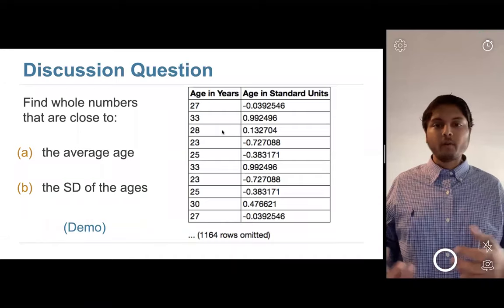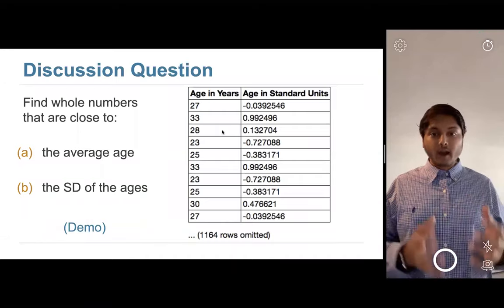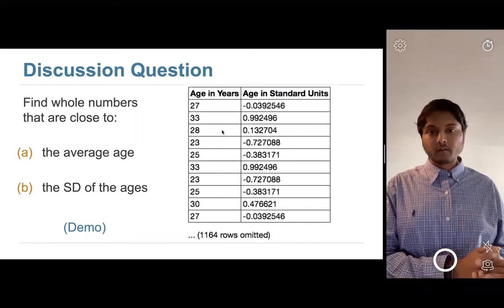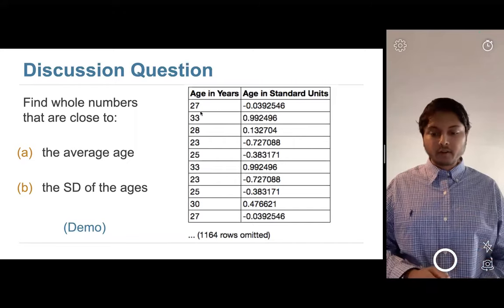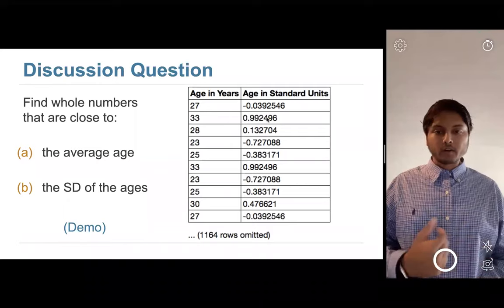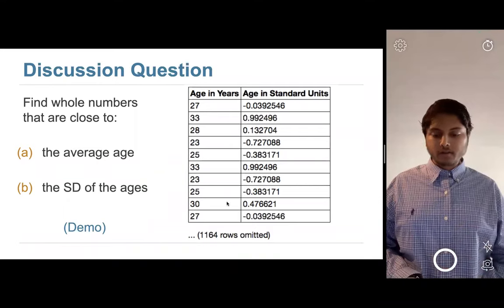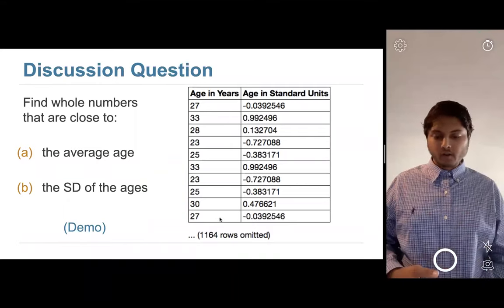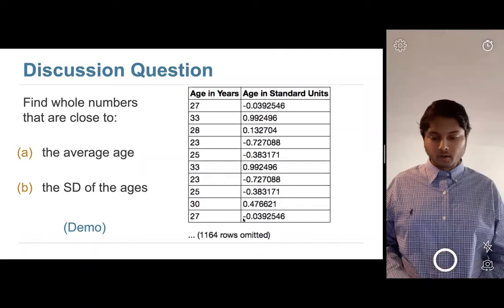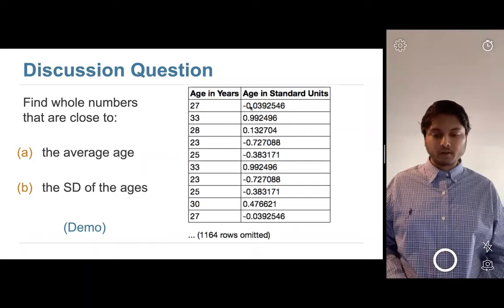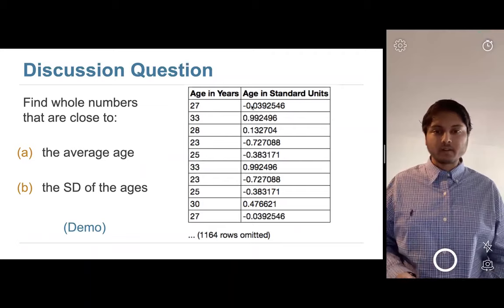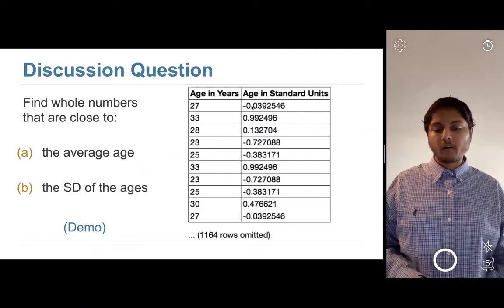We talked about how when you move things to standard units, the average of your data in standard units is 0, which means that the value for age that corresponds to 0 is going to be the average. In this case, we don't have anything that's exactly 0, but this one's pretty much 0. It's really close to 0, negative 0.03. We see that up here as well. That's the smallest value that we see in terms of magnitude, so the average is probably around 27.